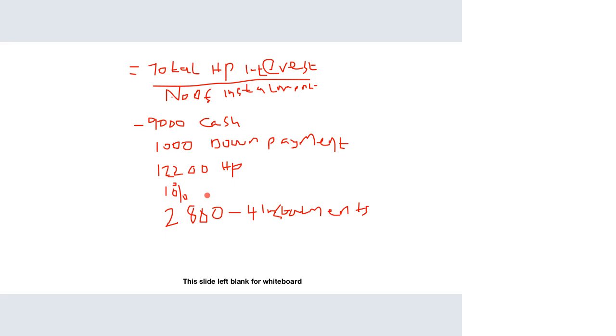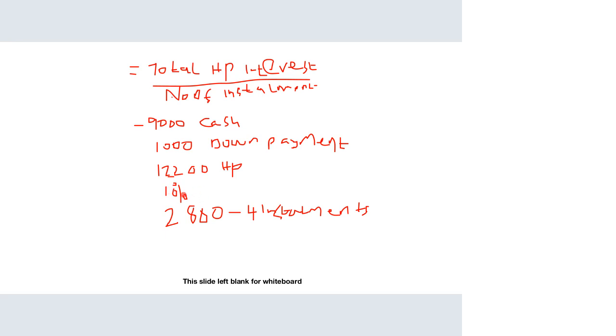price. So our total hire purchase price, we are told, is 12,200. Remember, the cash price is 9,000 shillings. And then we have also been given the interest, which is calculated per annum as 10%.